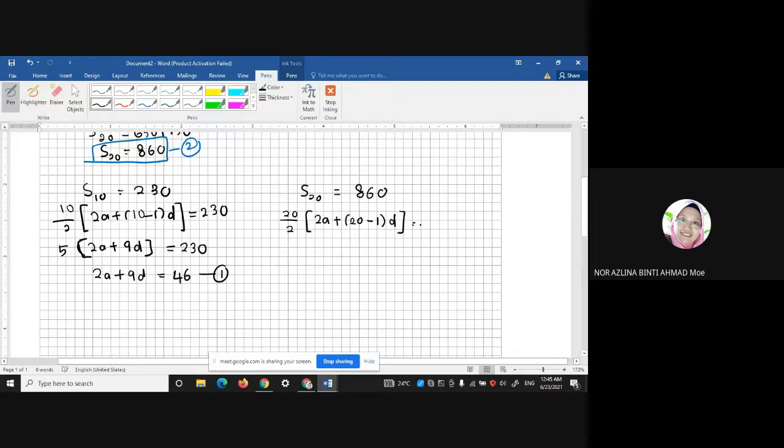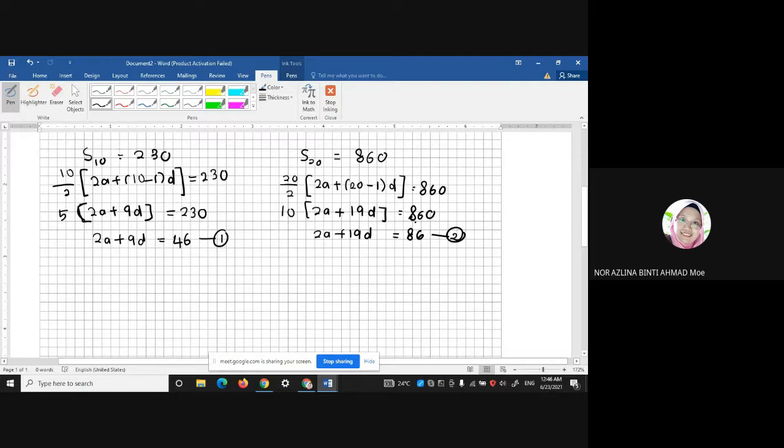So this is 860, and this is 10, 2a plus 19d equal to 860. So 2a plus 19d equal to 86. So this is the second equation.